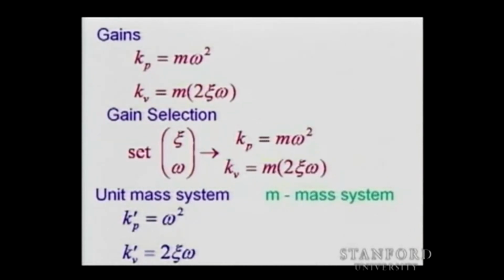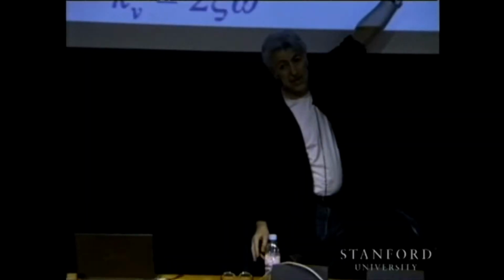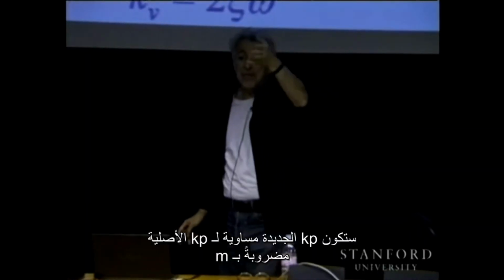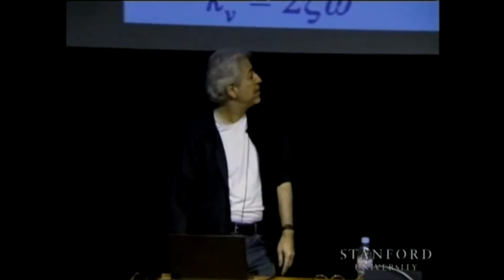Okay? But we know the system is not going to be a unit mass. So for this M mass system, what are the gains? Gains from this Kp prime and Kv prime. What would be Kp for a system with mass M, using Kp prime? Kp will be M times Kp prime, and Kv just linear.